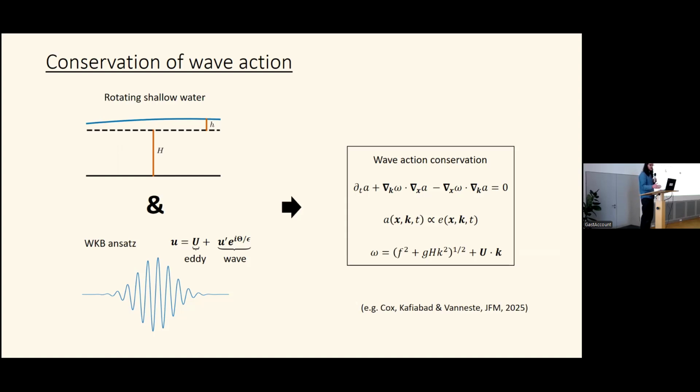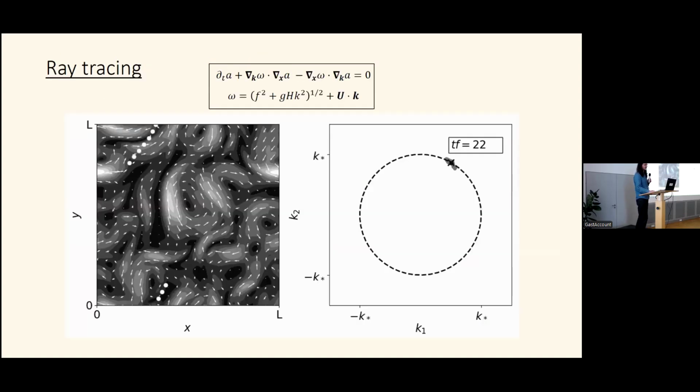So we can solve this wave action conservation equation equivalently by ray tracing. So all this is, you initialize a packet of constant action, and then you propagate it through, well, here we're propagating it through a stationary balanced flow.